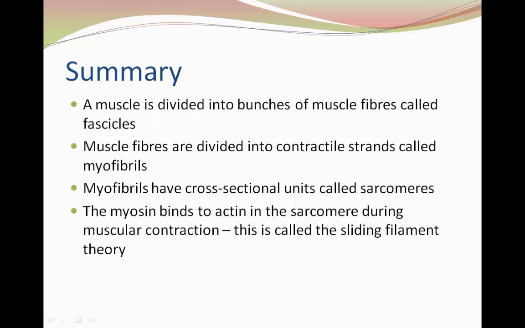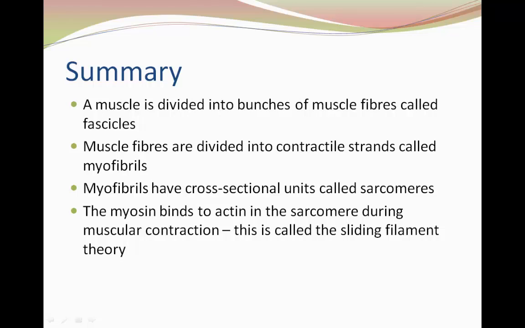Okay, so just in summary, the basic breakdown of the muscle. So a muscle is divided into bunches of muscle fibers, and those bunches are called fascicles. The muscle fibers themselves are also divided into bunches of contractile strands, and they're called myofibrils.